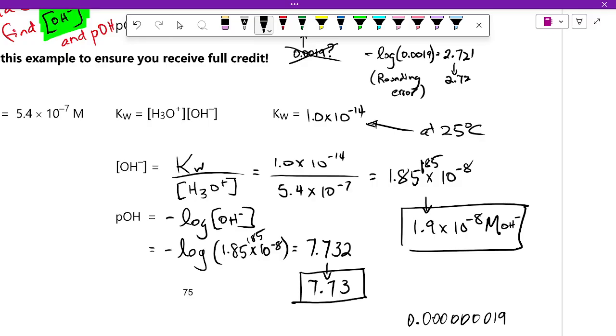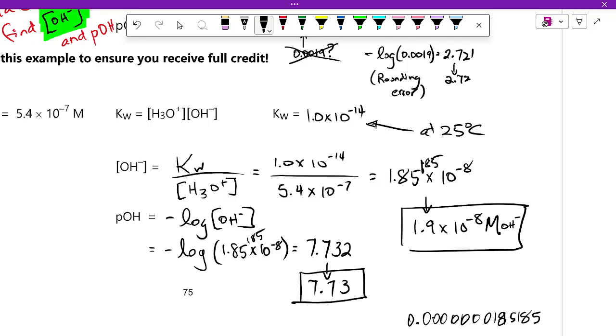But that's not what the real number is. Your calculator shouldn't round that off. If you just use that number and take the log of it, it should actually give you the full value. But if it's a crappy calculator, put it in scientific notation first so that it has all those other digits in its brain.